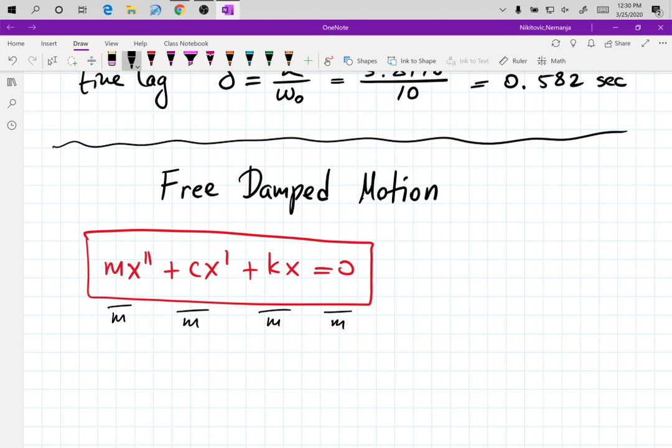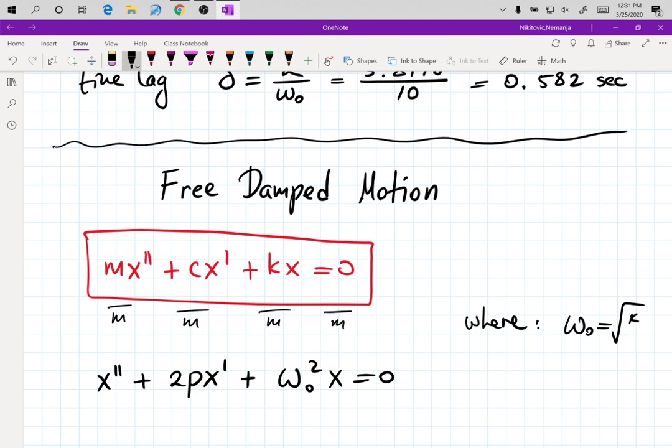The equation becomes x double prime plus 2px prime plus omega 0 squared x equal to 0, where omega 0, we already know, is the square root of k over m, and p is given as c over 2m, and it's always larger than 0.